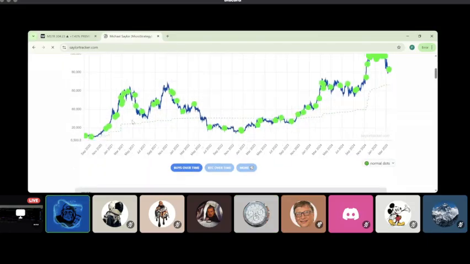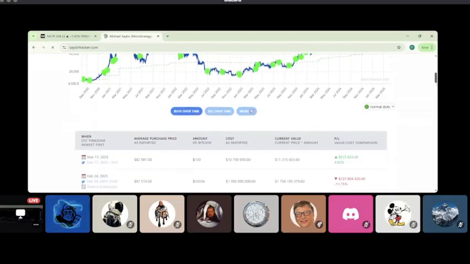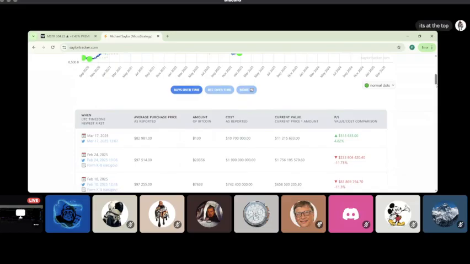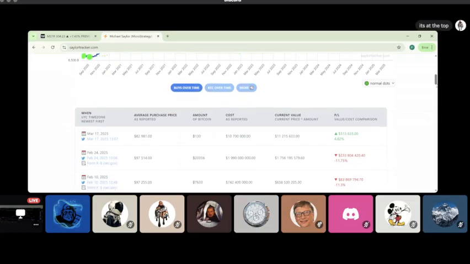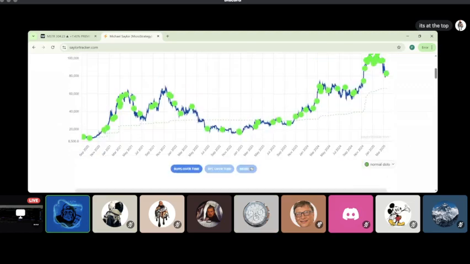Where does it say how many coins? Hold on. It says everything we need. He's got 130 billion Bitcoin. That can't be correct. Where's the number? This is his website, I'm pretty sure.